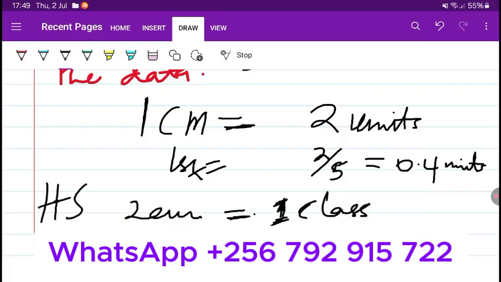But since these were given, in this case, the vertical scale is the one that matters. The horizontal scale, you can use any.